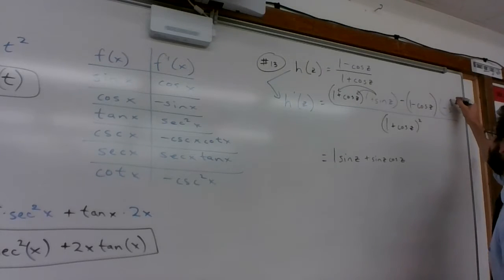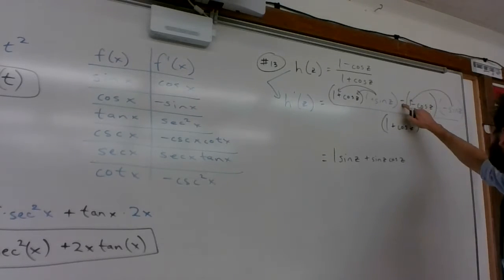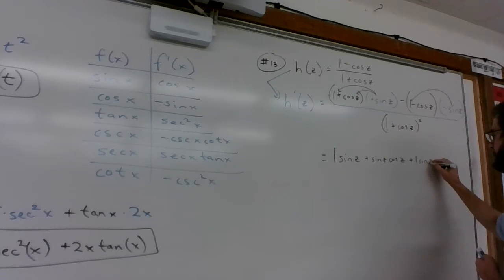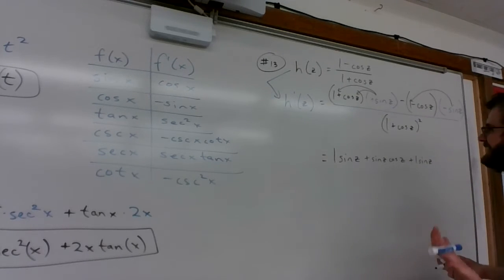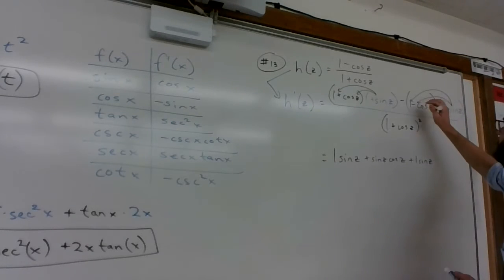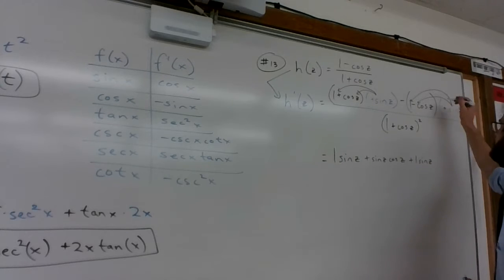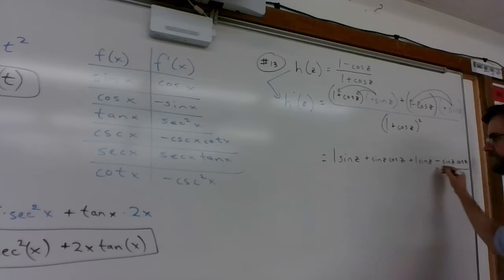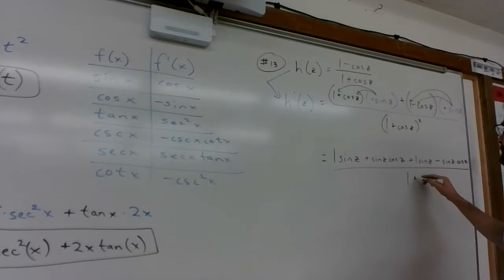So when I multiply a negative, negative sine of z, it becomes a positive 1 sine of z. And then this one's going to be negative, negative, right here. All over the bottom squared still.